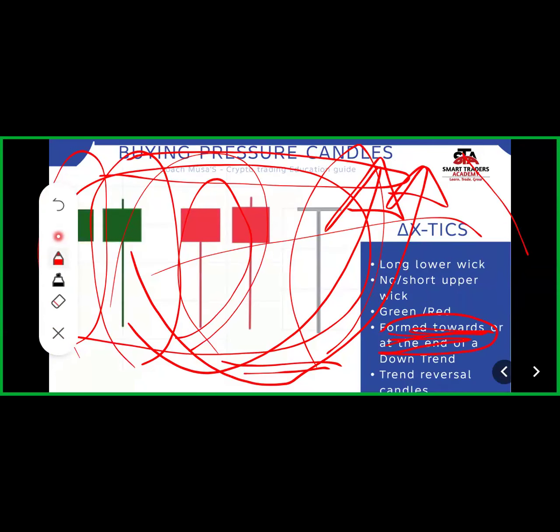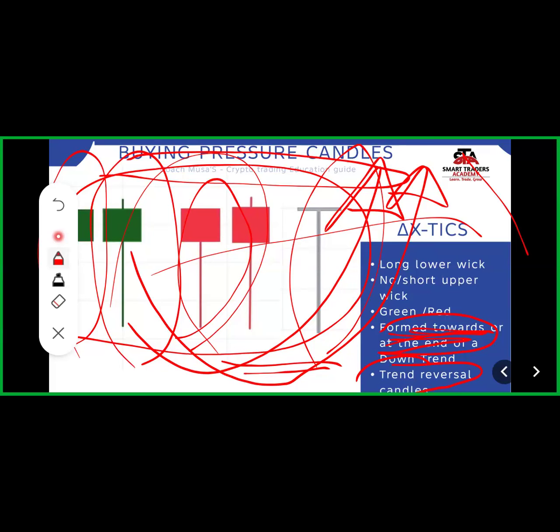It is a trend reversal candlestick. Once it is formed around a support, it is an indication of a price movement to the upside. With no doubt. We just saw it in the other coin that we're looking at.